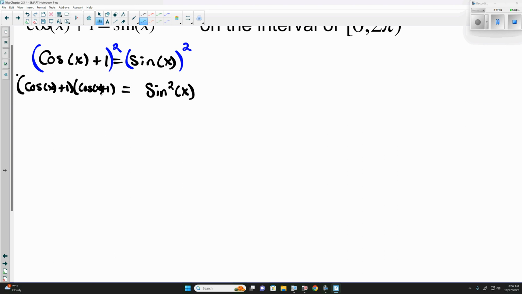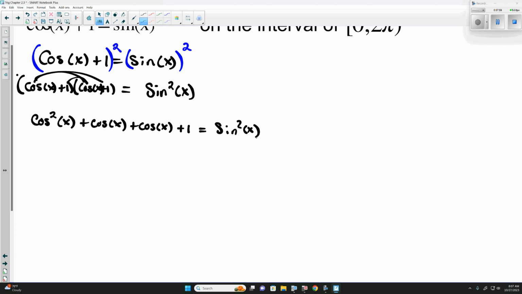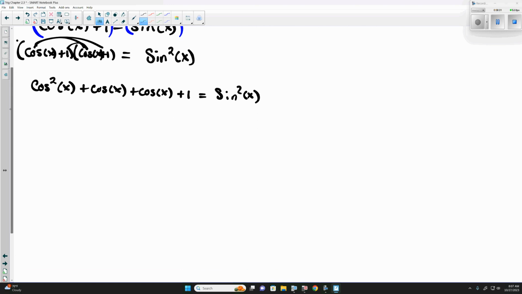I have to actually multiply it out. So we're going to have cosine times cosine, which would indeed be cosine squared of x. And we have cosine times 1, which is just cosine of x. 1 times cosine of x would be plus cosine of x, and 1 times 1 would be plus 1. So we do need to do some simplifying on the left-hand side.